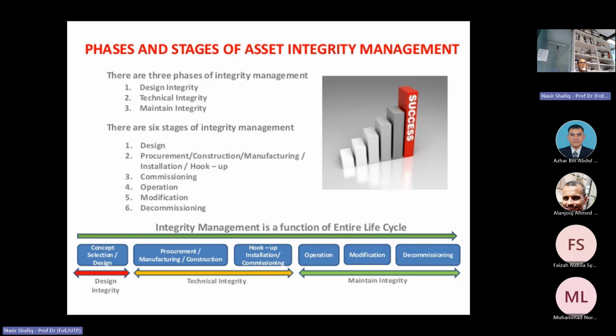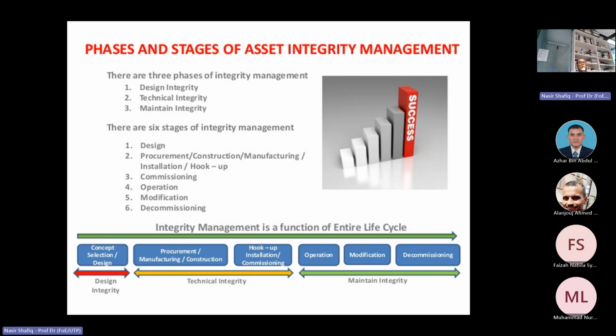So there are 6 stages: design, procurement, and so on, which are in these boxes. These stages come together and are called integrity management, which is for the entire life cycle.